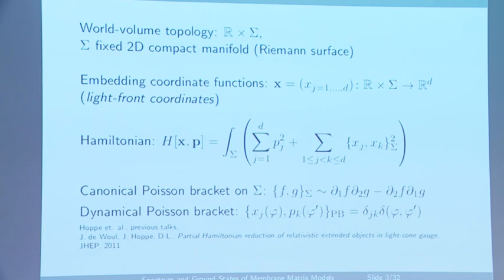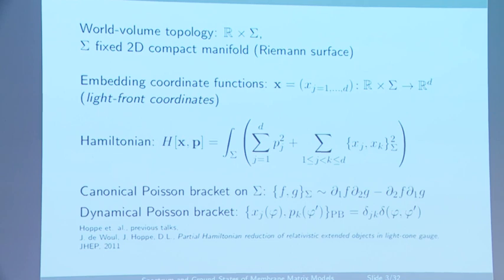This is one of the Poisson structures that we use, which is canonically given since it's a two-dimensional surface. But then we also have the dynamical Poisson bracket. So these coordinate functions and the momenta should be canonically conjugate. That's this Poisson bracket in the end here that have been normalized in this way.